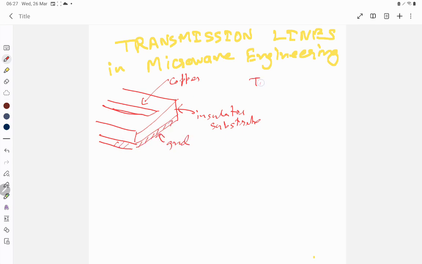This is a two conductor transmission line, where basically this is one conductor and this is another conductor. So basically you have two conductors in this transmission line. This is called microstrip.